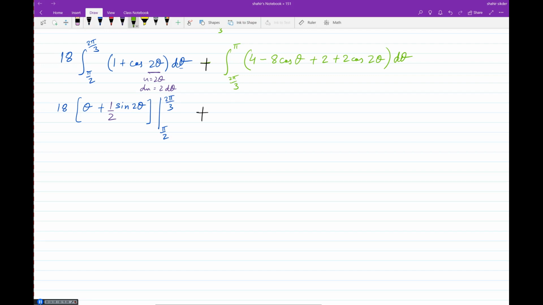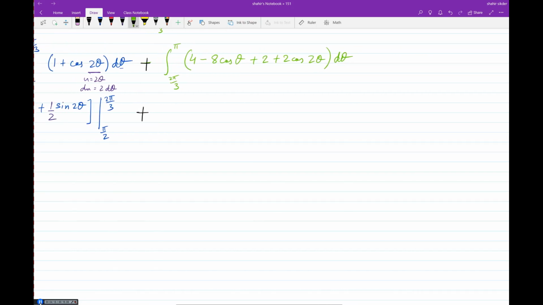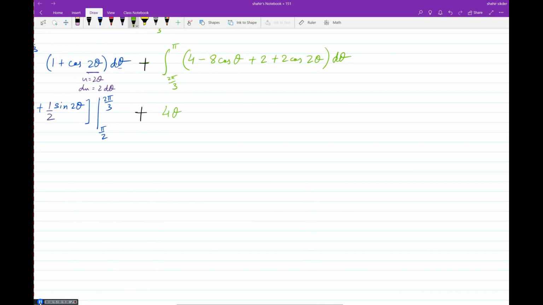the integral of 4 with respect to theta, in other words the constant with respect to theta, is 4 theta, minus 8, the integral of cosine, which is sine of theta, plus, this 2 is just a constant, so let's add it: 4 plus 2 is 6, so I can write this as 6 theta.